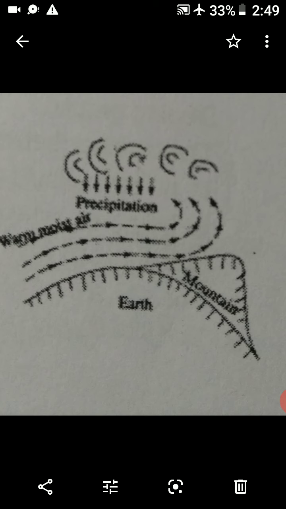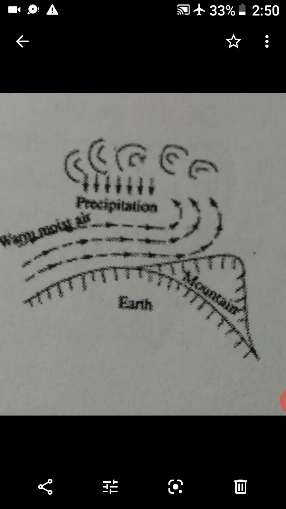Hence, the clouds get condensed and the precipitation occurs on the area of the earth near the mountain. This is called orographic precipitation.